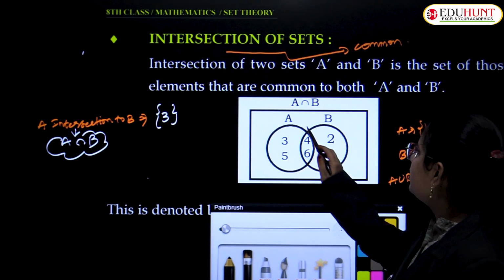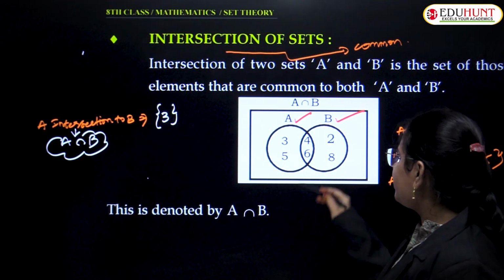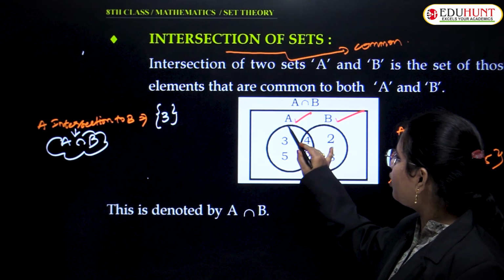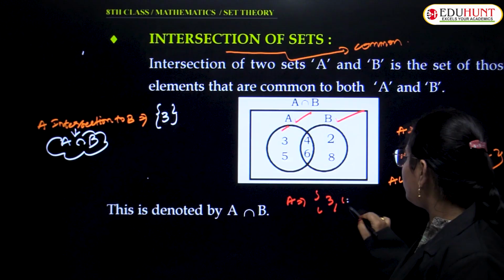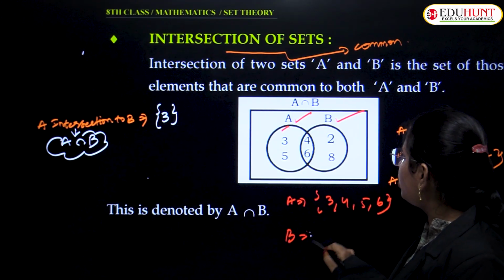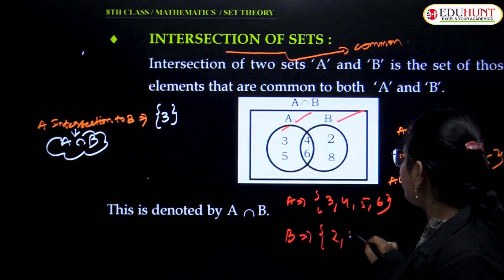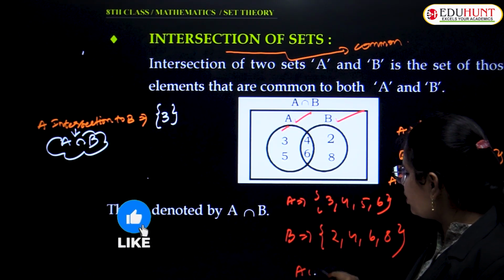So this is A and this is B, correct? If you observe, what are the elements of set A here? 3, 4, 5, 6. And what are the elements of B? 2, 4, 6, 8. So what are the common elements you can find?